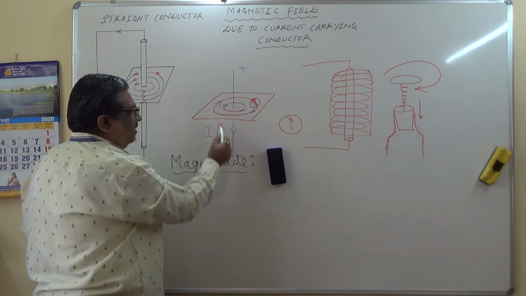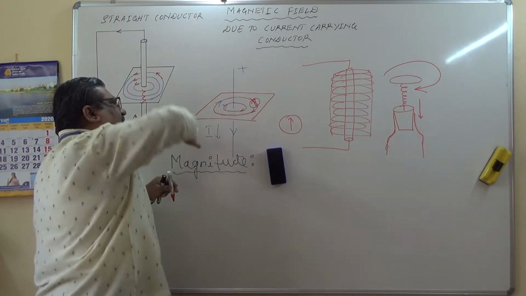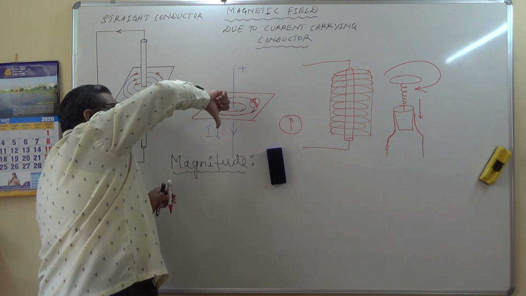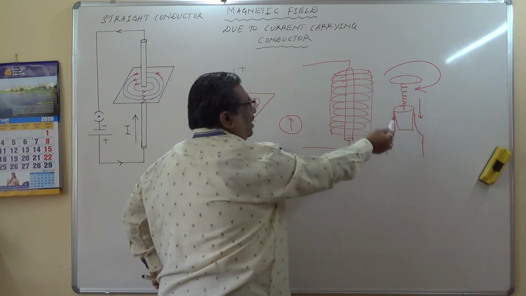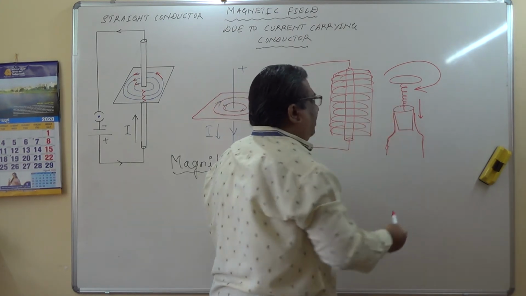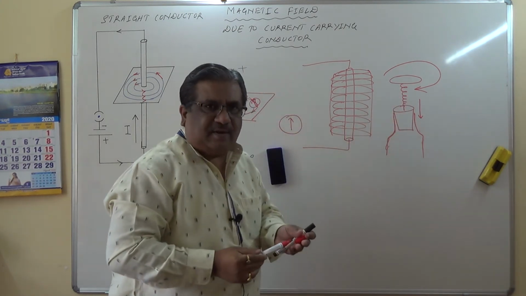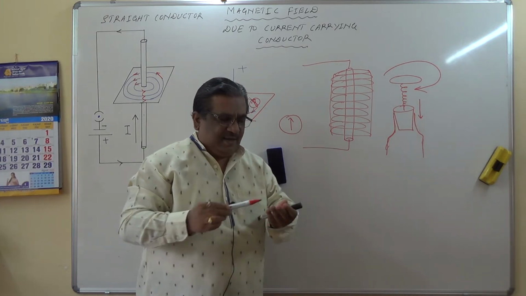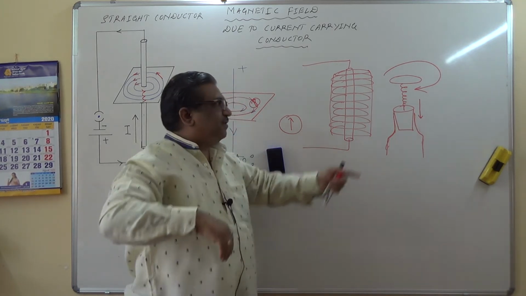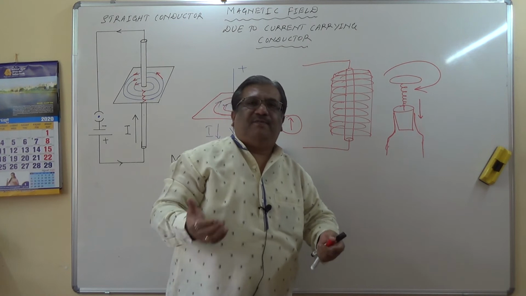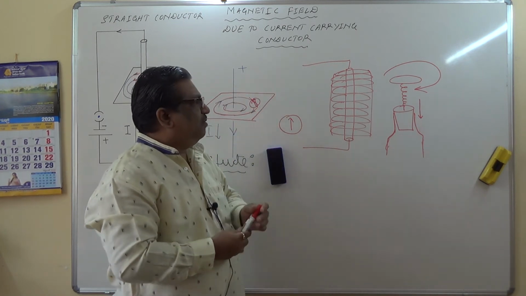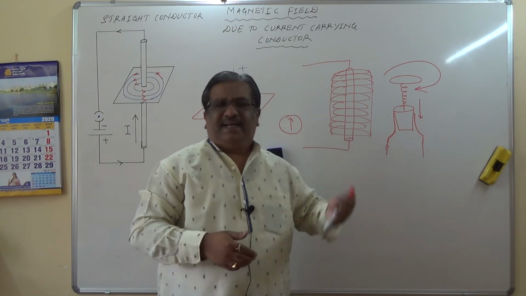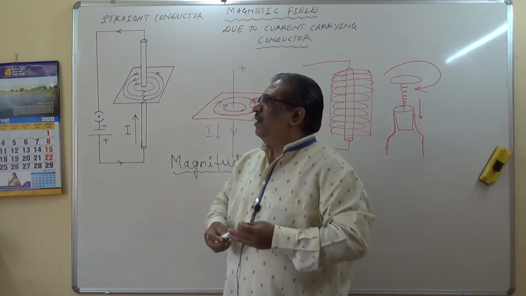This is the conductor and the blue one indicates the direction, exactly like the right hand thumb rule. So same thing here. If the direction of driving the screw is in the direction of the electric current, then the direction of rotation of the screw gives you the direction of magnetic field lines, and that is called Maxwell's corkscrew rule. Many times we use it.